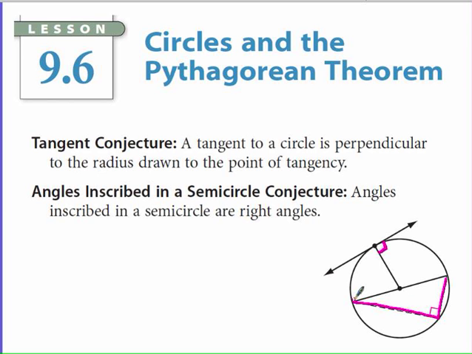And so, since that's inscribed in a semicircle, remember that's half the measure, and we know that this entire measure here, since it's a semicircle, is 180 degrees. So we know that half of 180 is 90. Okay? So now, let's go ahead and look at our first example.